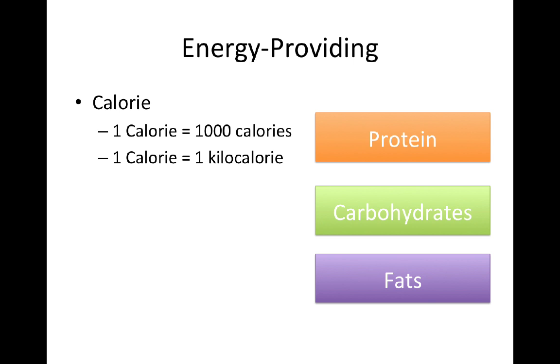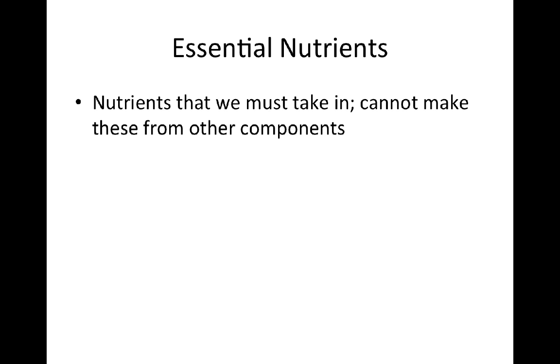Now, within the different classes of nutrients, there are what are known as essential nutrients. For the minerals, all of these are essential nutrients, in that your body cannot make them from other components in food. Vitamins, for the most part, are essential.